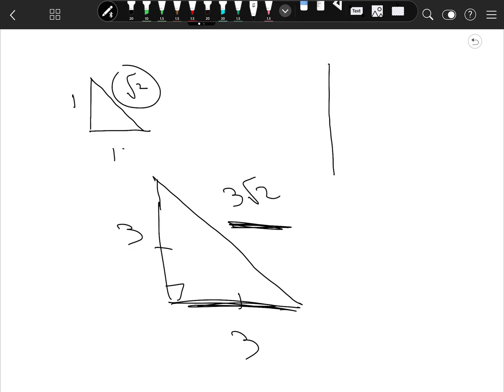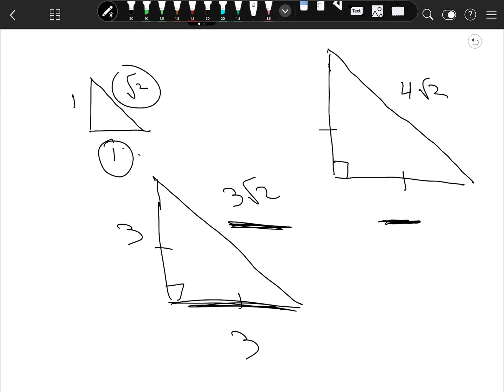Okay, here's an interesting one for you. This time we've got 4 square roots of 2 here. Okay. So the question is, how do I find the leg if I have the hypotenuse? And I know this is a 45, 45, 90. To get from here to there, we times by square root 2.